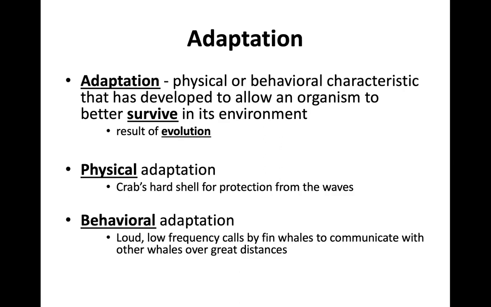When we talk about adaptations, there are two types, physical and behavioral. For example, physical is a crab's hard shell for protection from the waves. And behavioral would be a loud, low frequency call by fin whales in order to communicate with other whales over a great distance. Okay? Physical adaptations we can actually see.